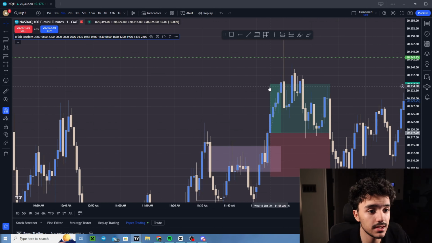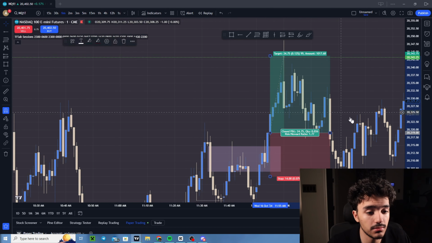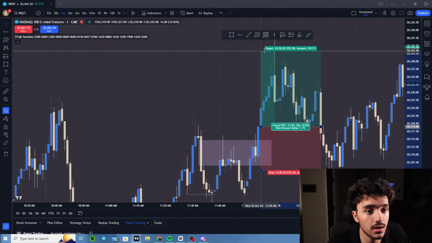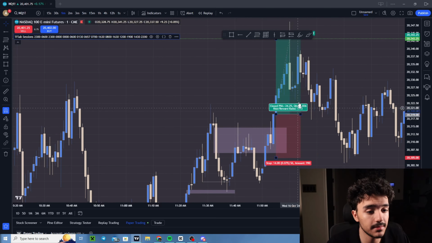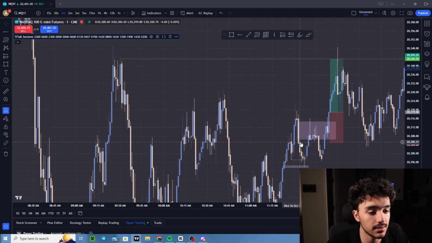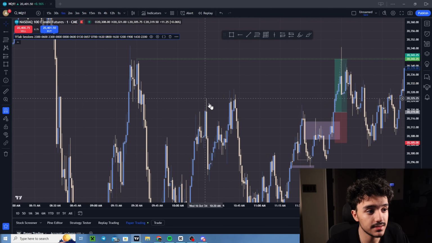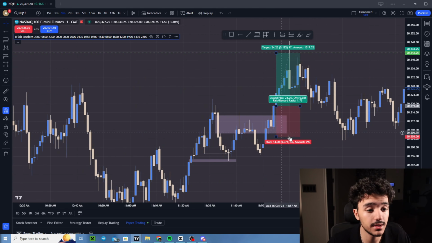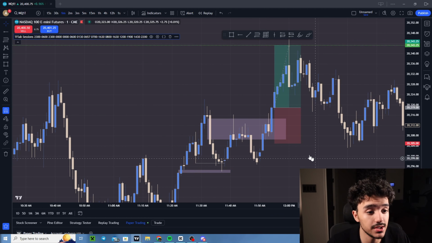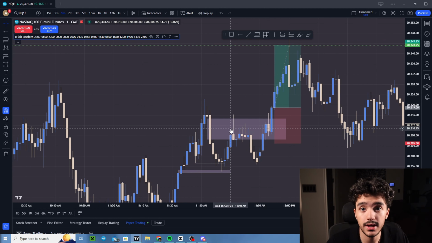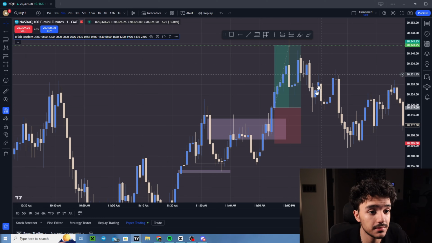As you can see, it won with a 1.75 R, and then it came back down, but since it hit this target, we would have made a lot of money on this day. That also shows you how strong this strategy is, just by using liquidity and inverse fair value gaps.